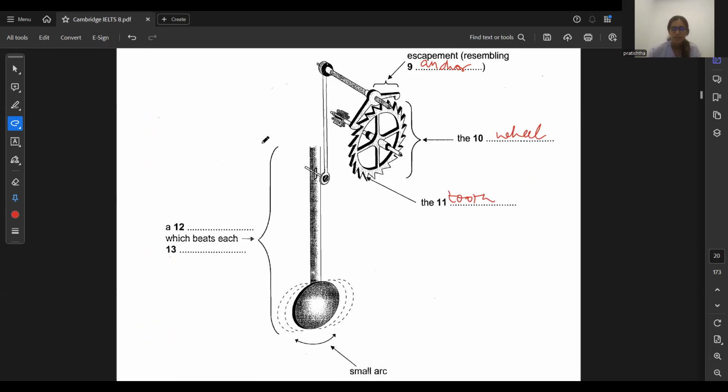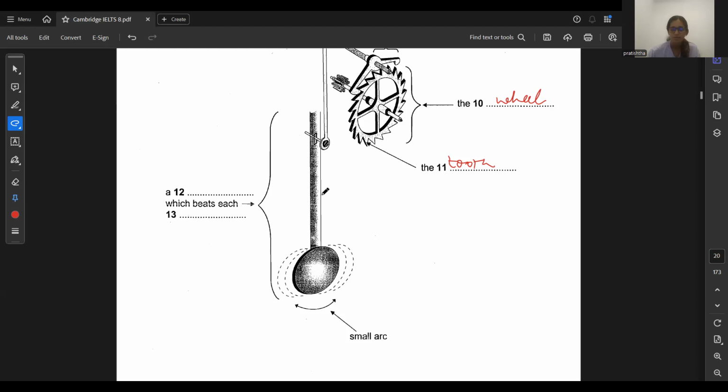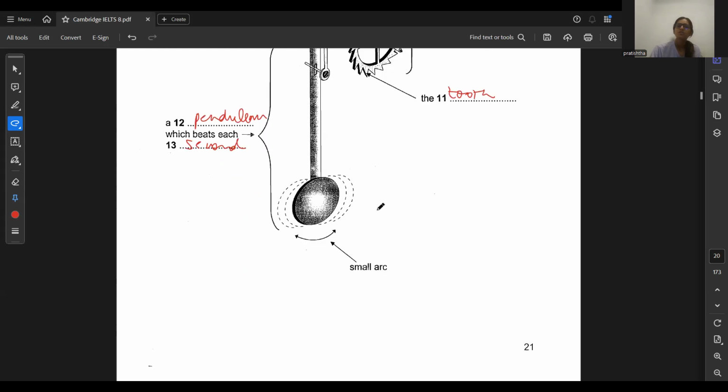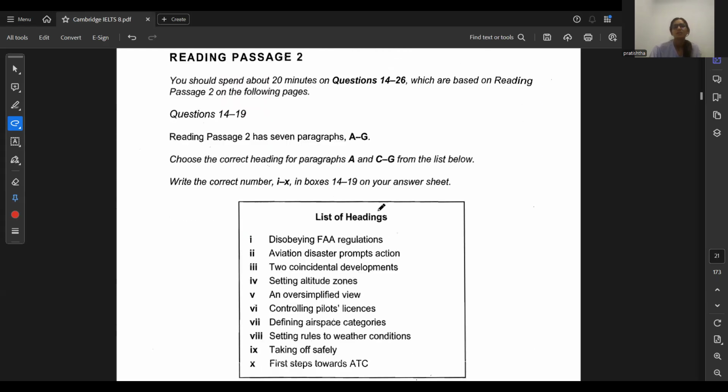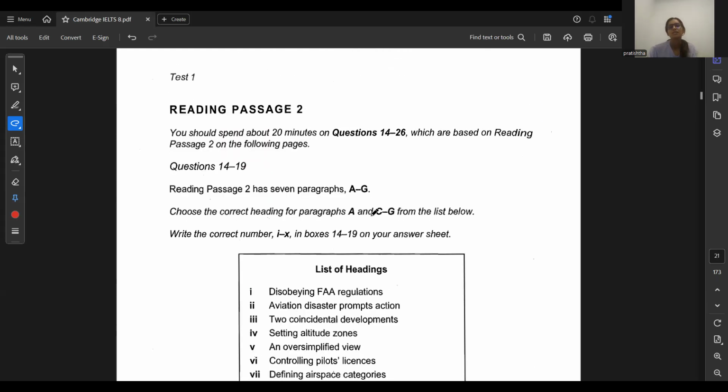And this complete thing is the pendulum. And we also saw that it is going to beat each second, right? So it will move each second. And that's pretty much it. Once you understand the whole concept, it's pretty easy.